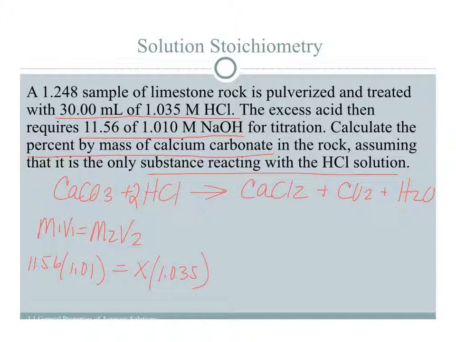So this is going to give me 11.2 milliliters of the HCl that was in excess. Therefore, 30 minus 11.2 is going to give me 18.